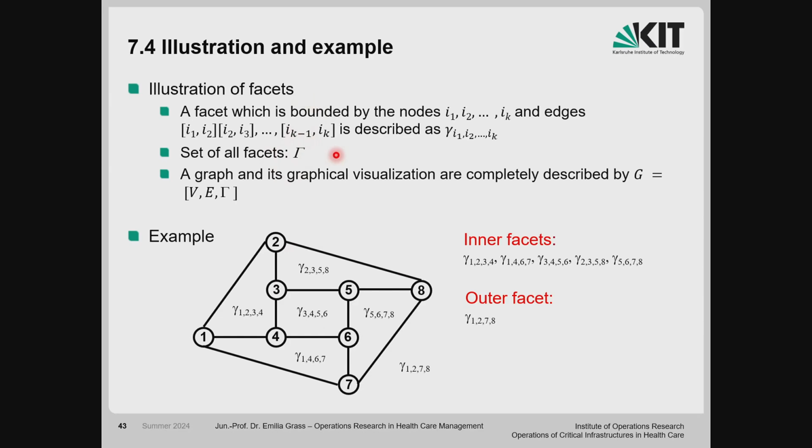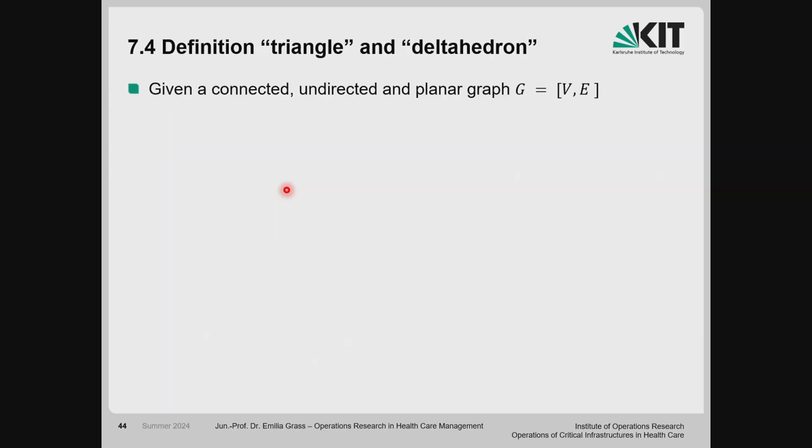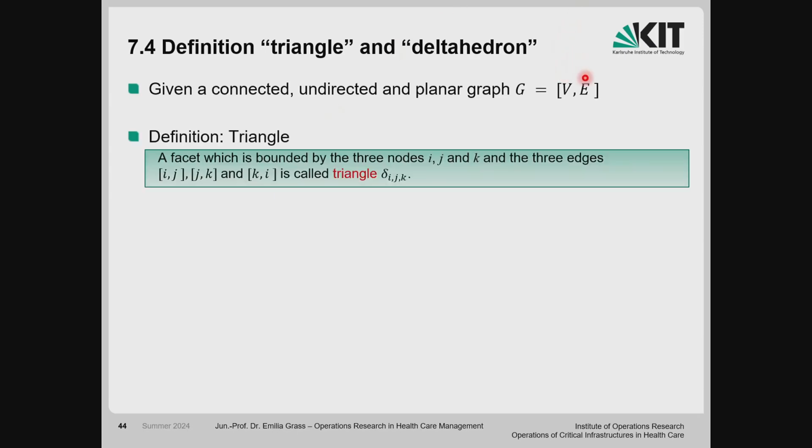So that means a graph is now represented by the set of nodes, the set of edges, and the set of its facets. Then we need a definition of triangle and deltahedron. If we have a graph consisting of nodes and edges, then the triangle is simply a facet which is bounded by 3 nodes and 3 edges.